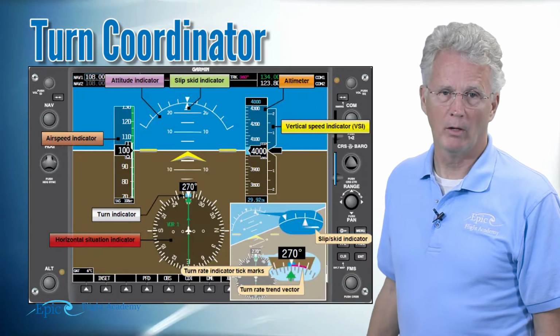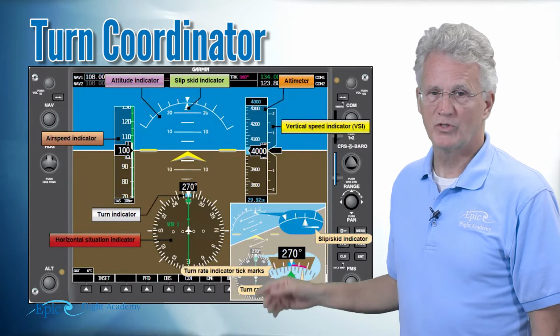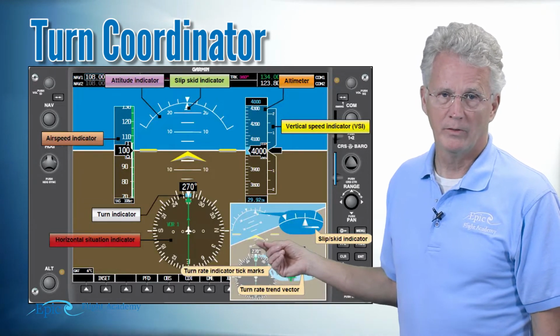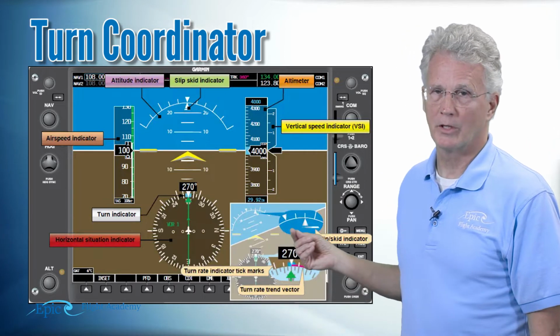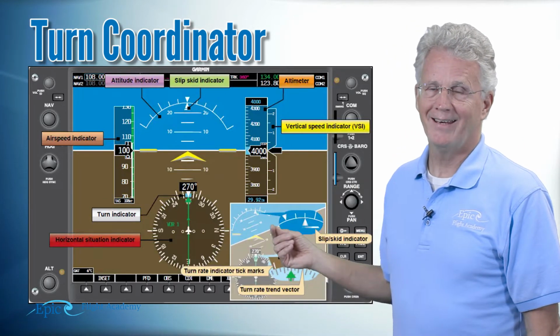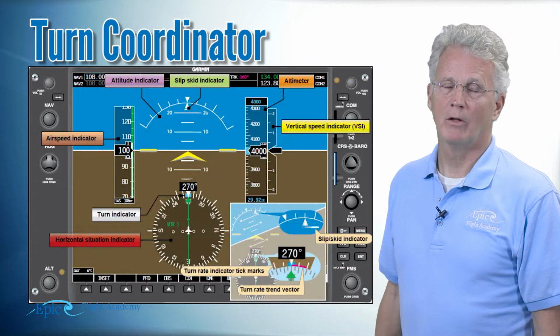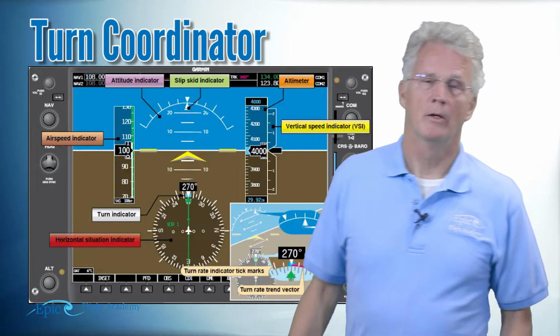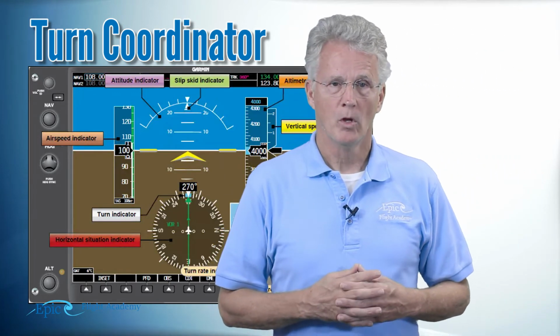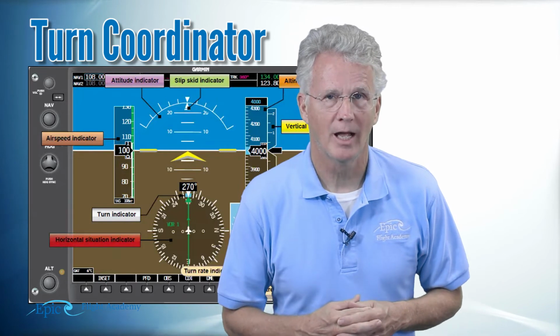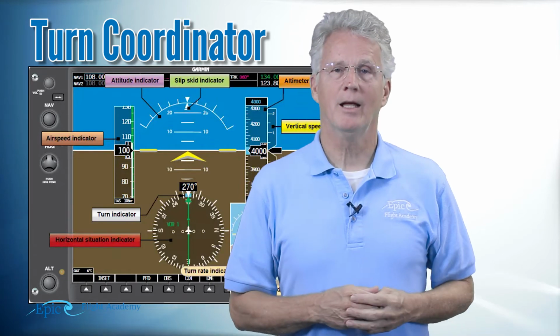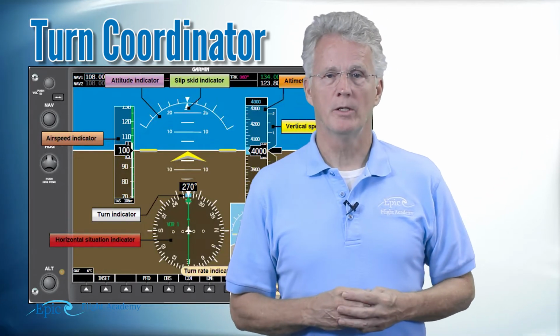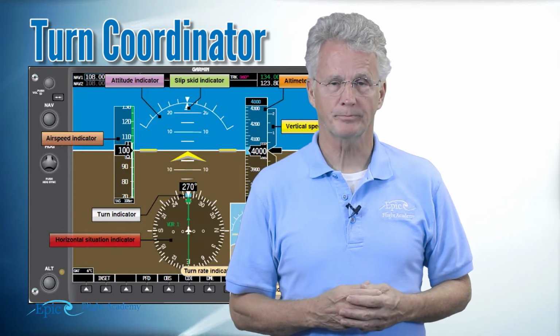And on the little blow up here, you can see on the heading indicator that little magenta line that starts to come out. That is the PFD alternative to the turn coordinator. When that little magenta line touches the white line, that's a 3 degree per second turn.